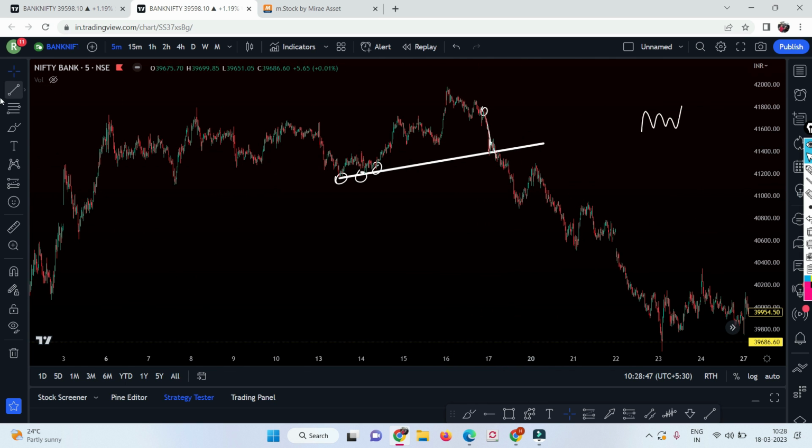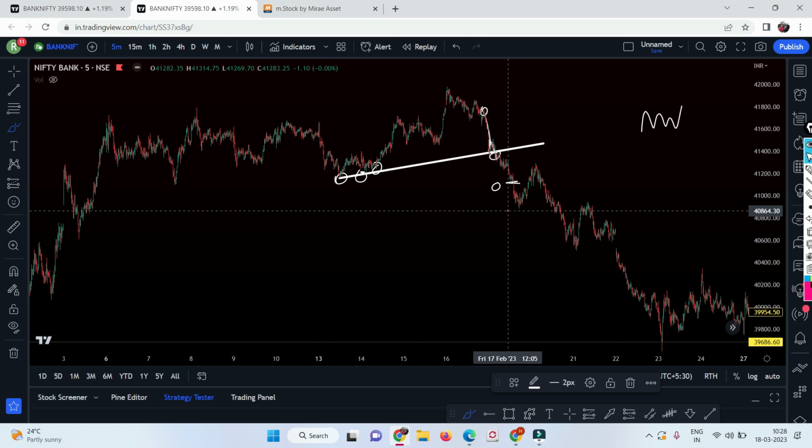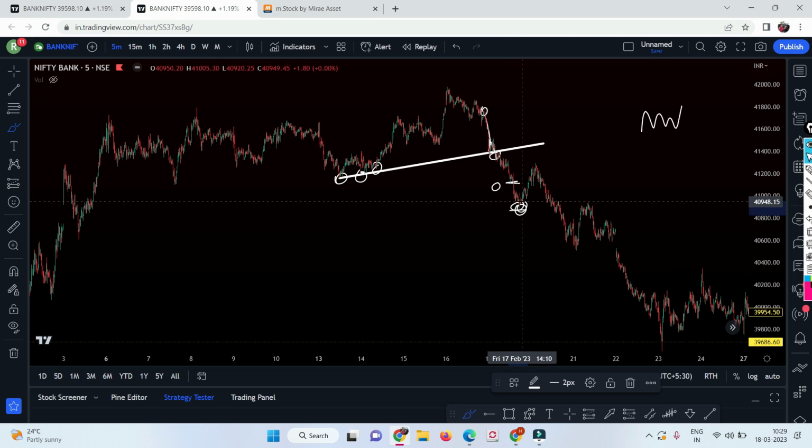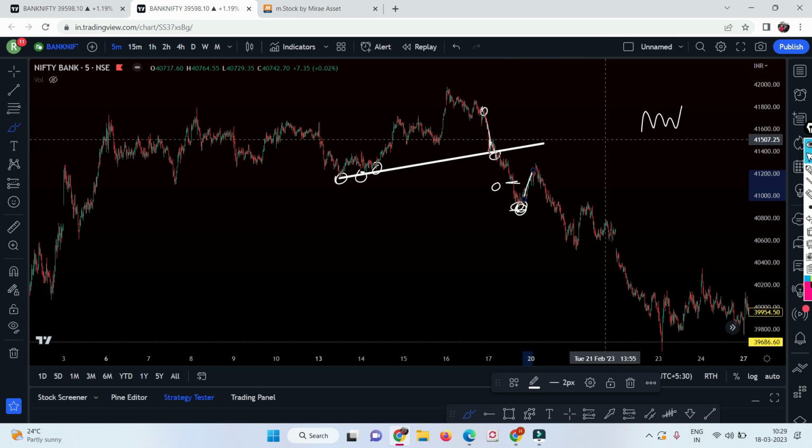Guys, so let's say you bought a put here, you might have sold somewhere here, you might have squared. Again you get a put, you might have sold here. So let's say you might have bought a put here, I'll tell you. Now market went up, right? Exit with this stop loss of 50 points.